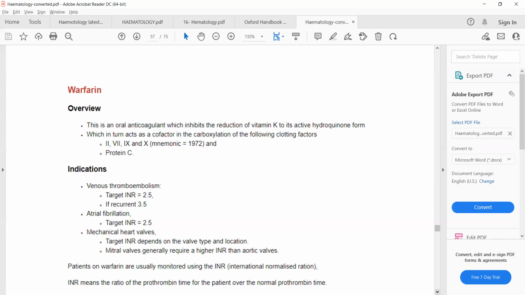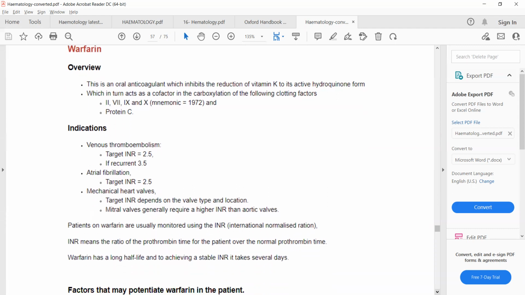For mitral valves, the target INR is usually higher, that is 4. And for aortic valves, it is on the lower side, and that is 3. So these are the target INRs in case of warfarin.